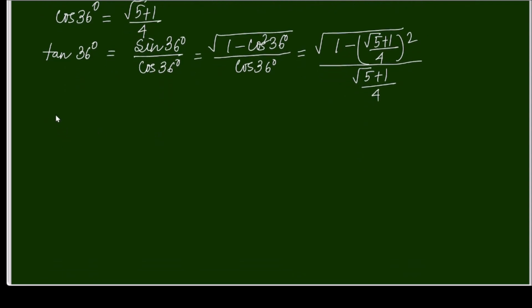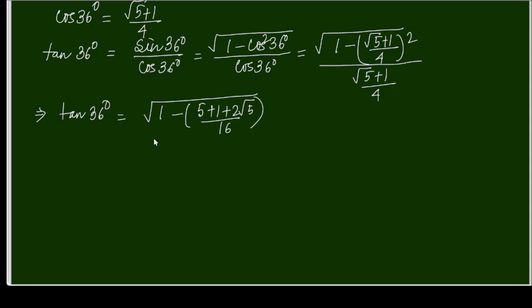We'll simplify this. Tan 36 should be square root of 1 minus 5 plus 1 plus 2 root 5 over 16, divided by root 5 plus 1 by 4.